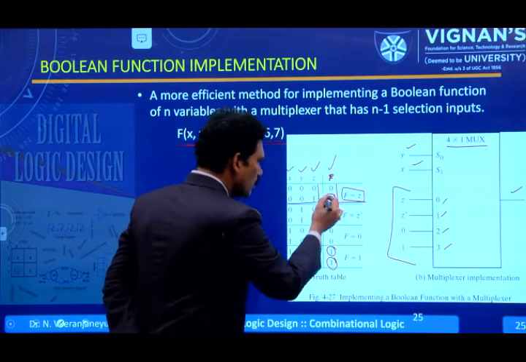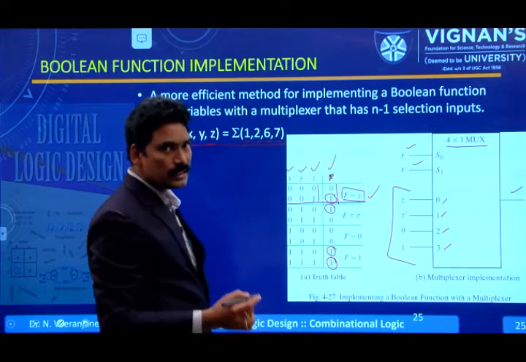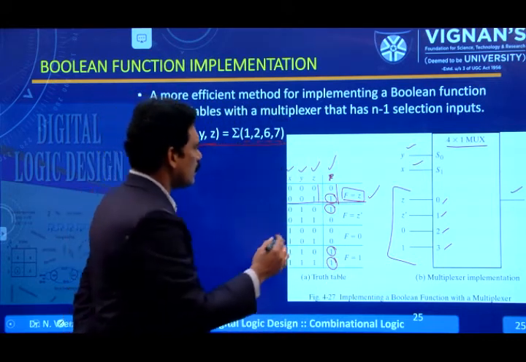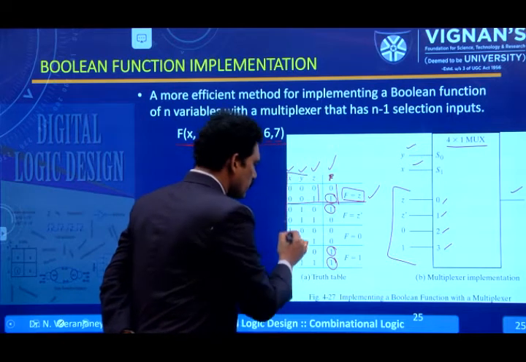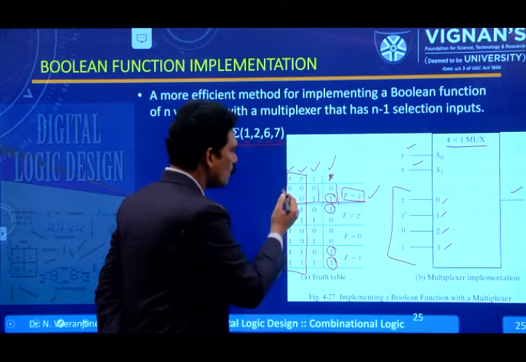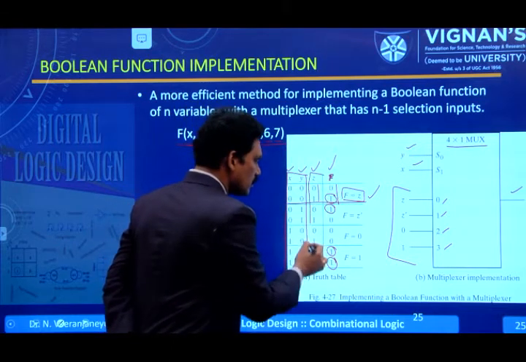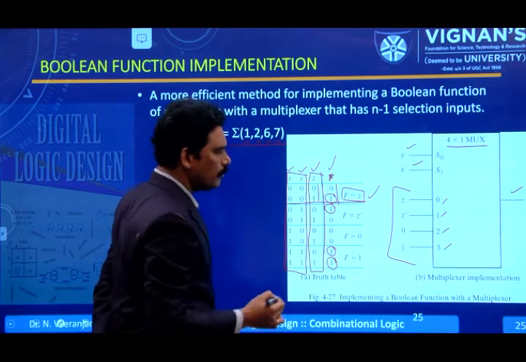If f value is 1, z value is also 1. That's why we have derived f is equal to z. We are considering these 2 as selection lines, and we are using this for input.